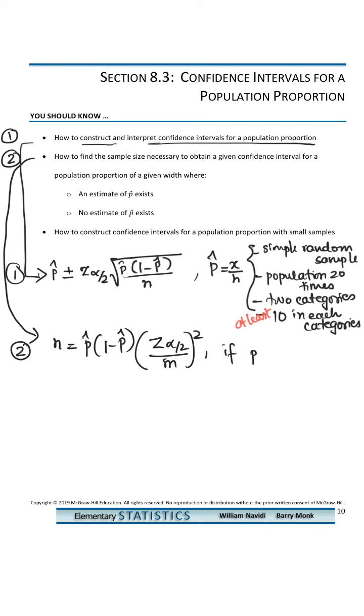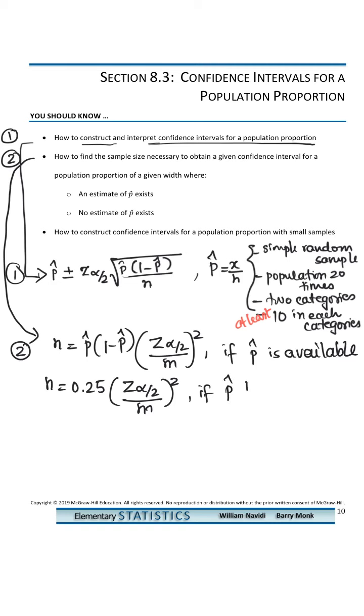This one is if p cap is available, and this is where we are taking p cap as 0.5. So the formula will become like this: p cap is not available, so we assume that p cap is 0.5.